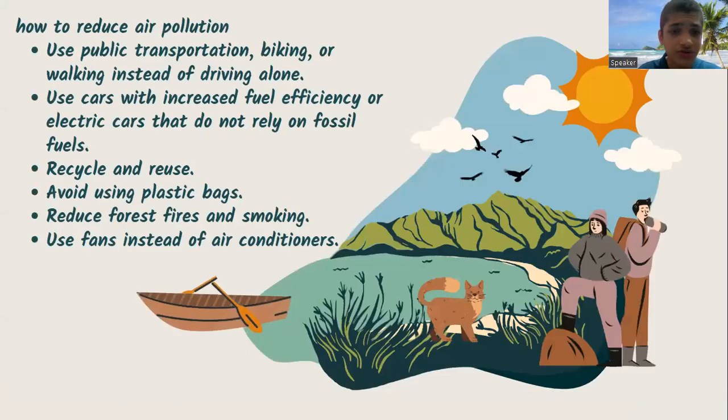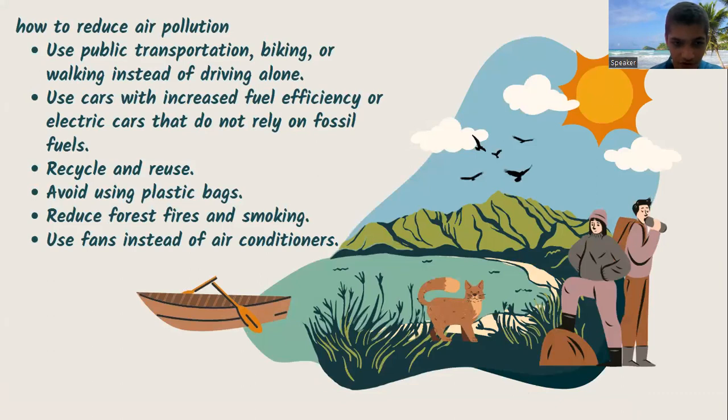And how to reduce air pollution. You can simply use public transportation, biking, or walking instead of driving alone. And you can use a car which doesn't use fuel, or you can easily use an electric car.